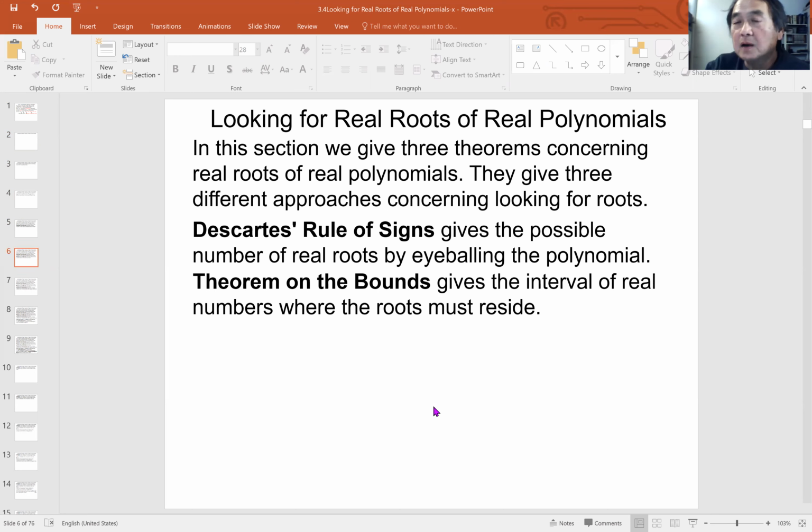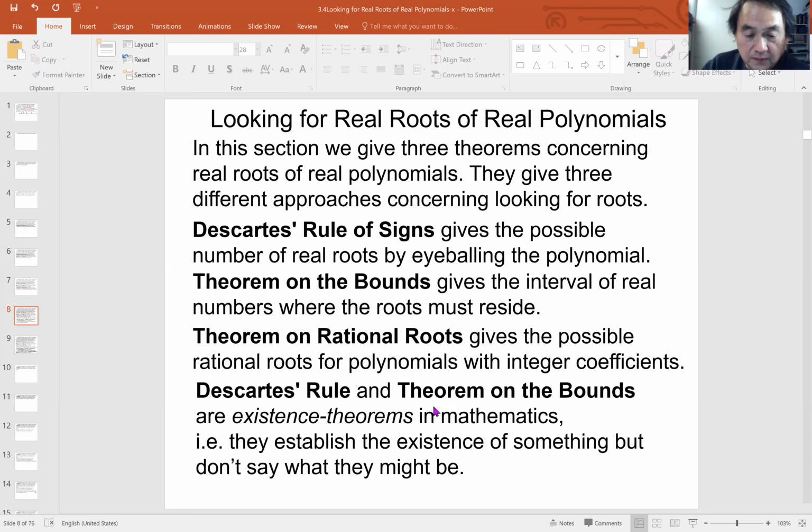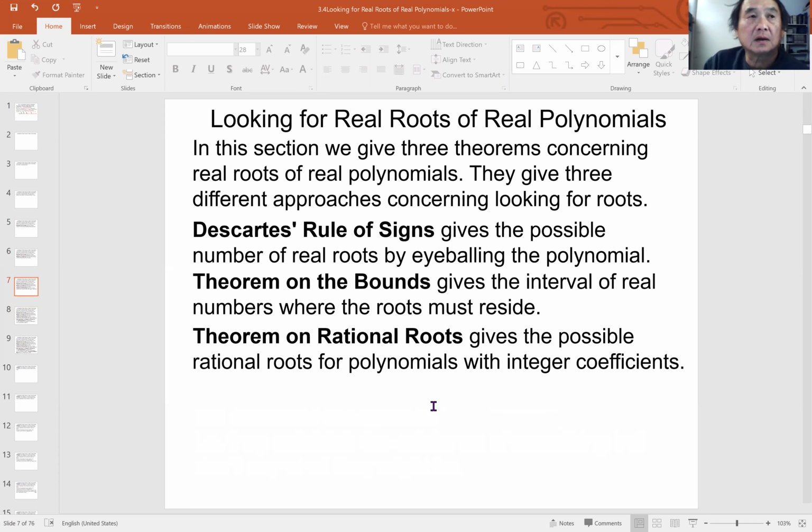The second theorem tells you where the roots will be: by looking at the coefficients of the formula, you can tell where the boundary of the roots are. And the third is how we look for fractional roots if the formula is an integer polynomial.